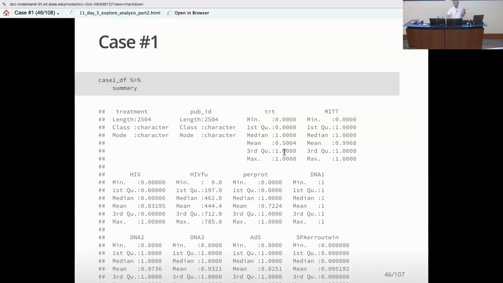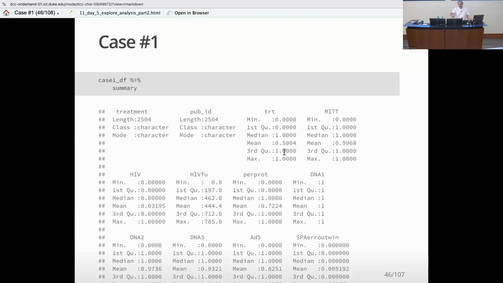Yep. So thoughts about why this variable looks like that? I'm assuming it's a binary variable that's being treated as a numeric. Yes. So treatment is placebo or vaccine, right? So I think placebo is 0 and vaccine is 1.